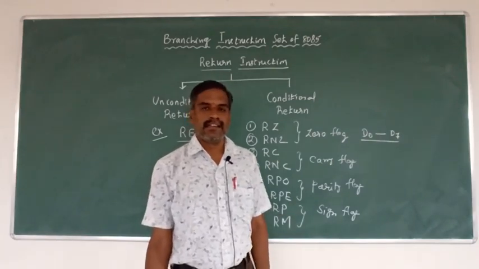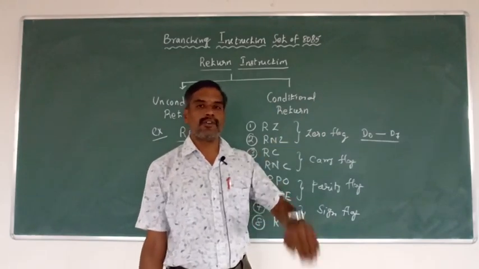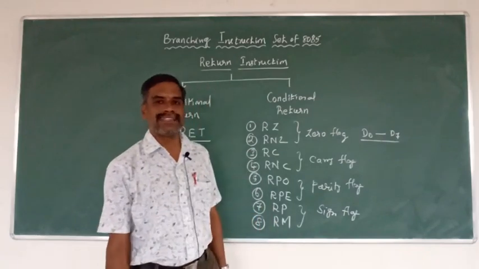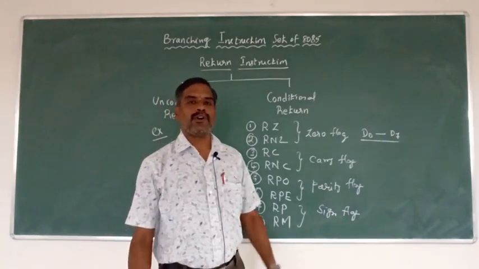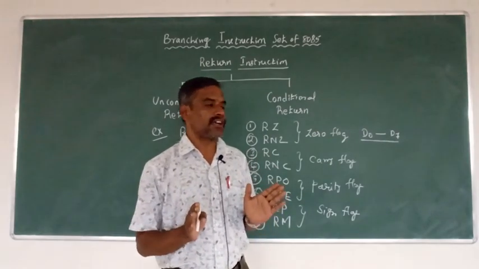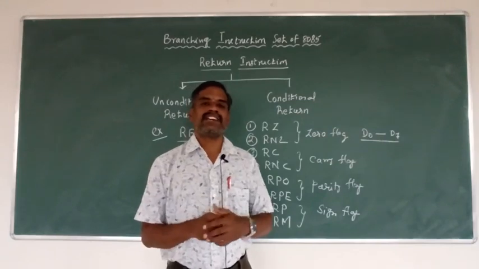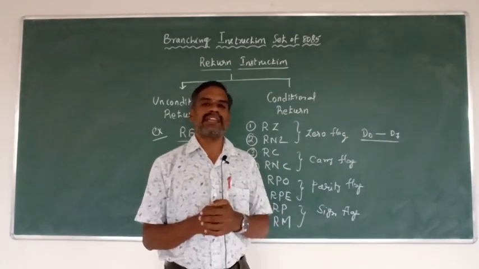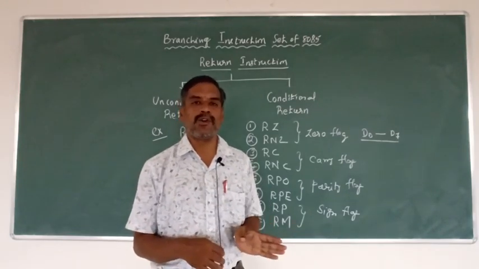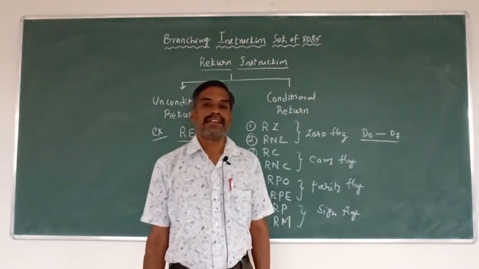If the addition result is within 8 bits, the carry flag will be reset. If the subtraction result is within 8 bits, with no borrow, the carry flag will be reset.